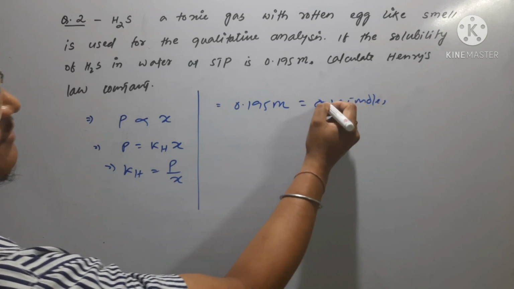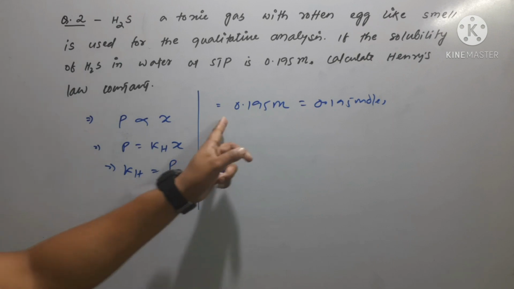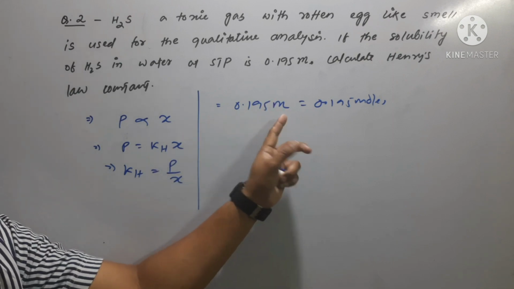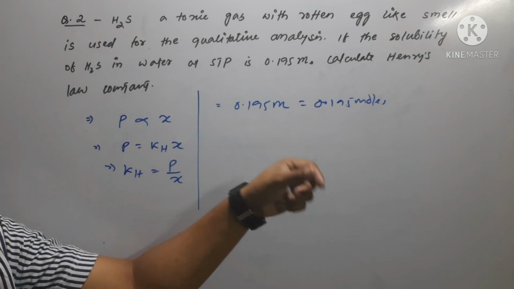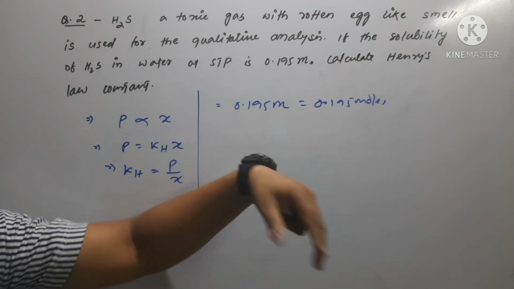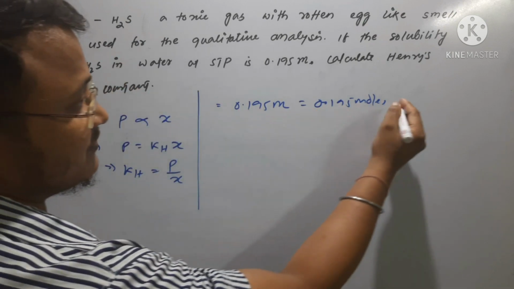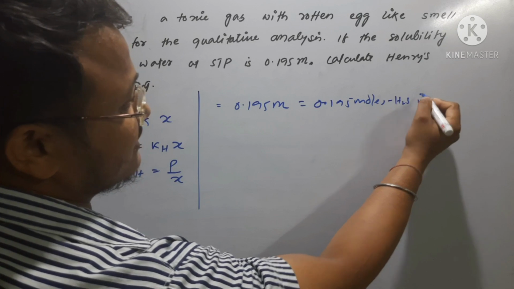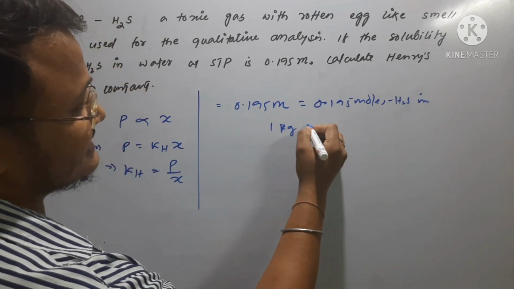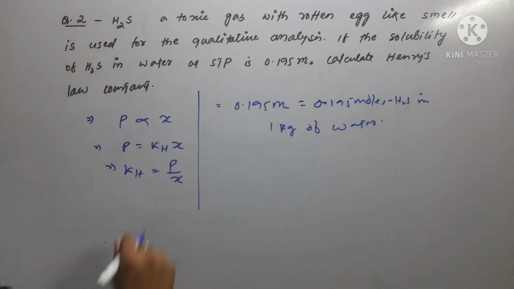What does it mean? 0.195 molal means molality, so 0.195 mole of H2S gas is dissolved in 1 kg of solvent, which is definitely water here. That is written here.